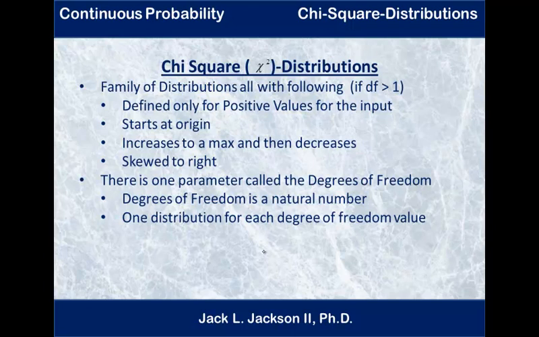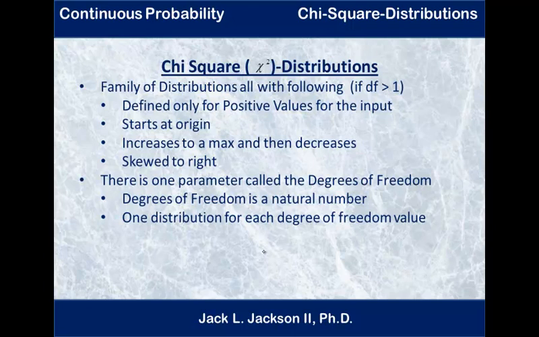Now we're going to look at the chi-square distributions. This is a family of distributions, and degrees of freedom 1 is a little different, but most often we have more than that. If the degrees of freedom is 2 or more, they start at the origin, increase to a max, and then decrease. They're all skewed to the right, and they're all defined for only positive values.